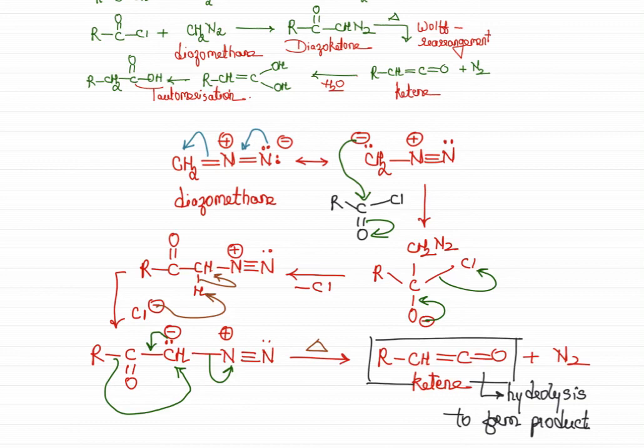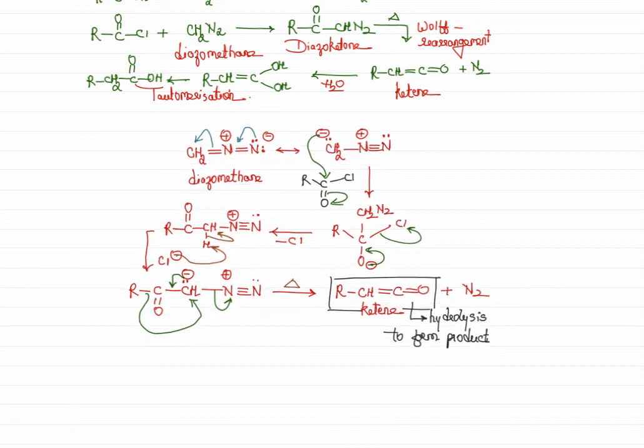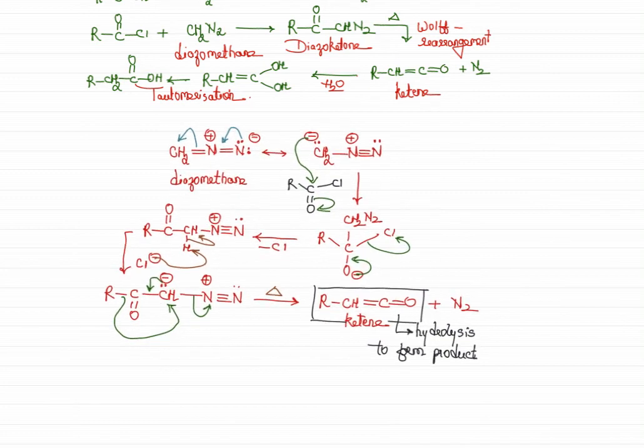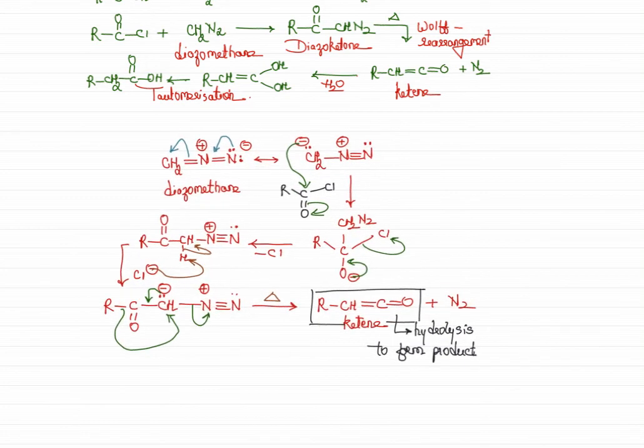So let us group this up and put it all together. This is the basic mechanism of how the reaction happens. So this was the fourth method. Let us move on to the remaining methods for making carboxylic acids.